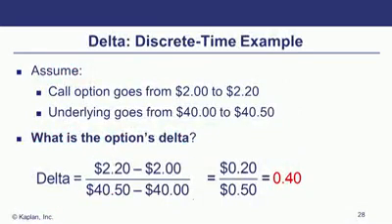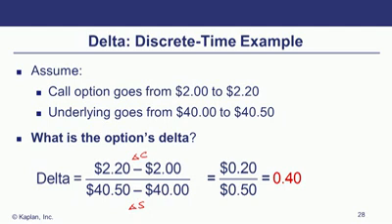Okay, and here's another example of how we could compute discrete time delta. If we knew that the call option will go up from $2 to $2.20 when the underlying rises from $40 to $40.50, all we need to do is simply plug that in the equation. So on the top here we are looking at the change in the call price, and in the denominator we're looking at the change in the stock price.